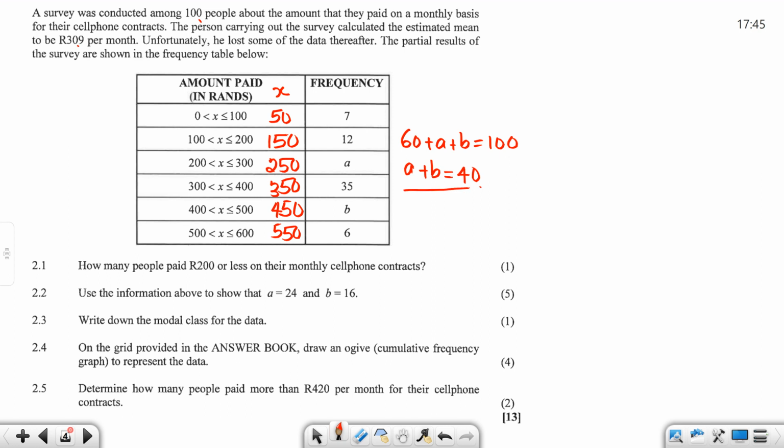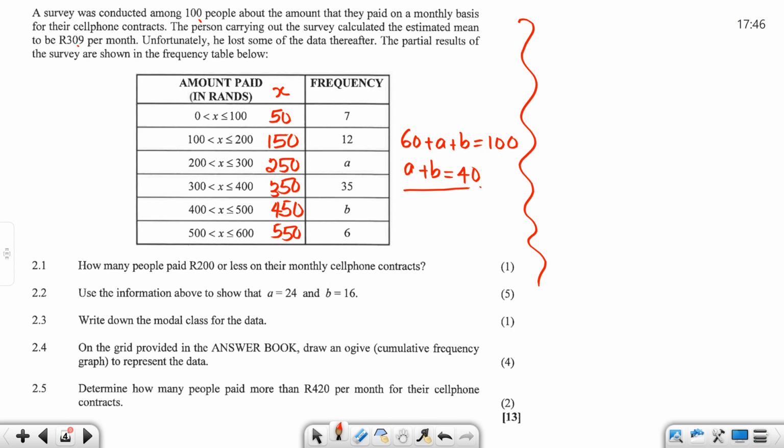We are stuck there, kind of. When you have 2 variables, that I just said that right now, right? Every time you have 2 variables in maths, what do? Simultaneous. So there's a second equation lying somewhere.